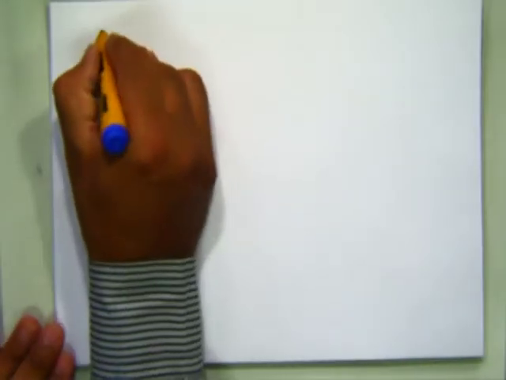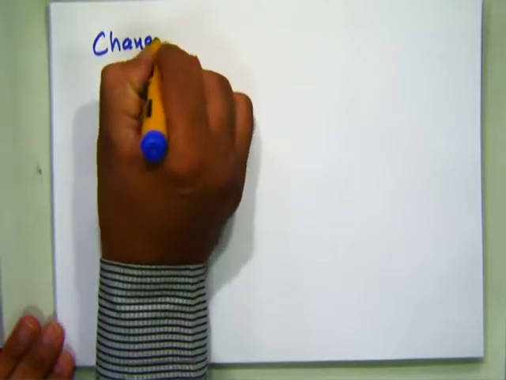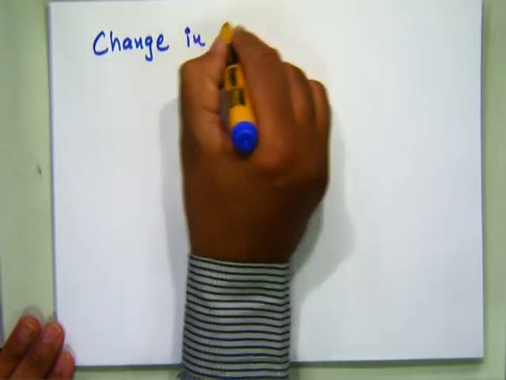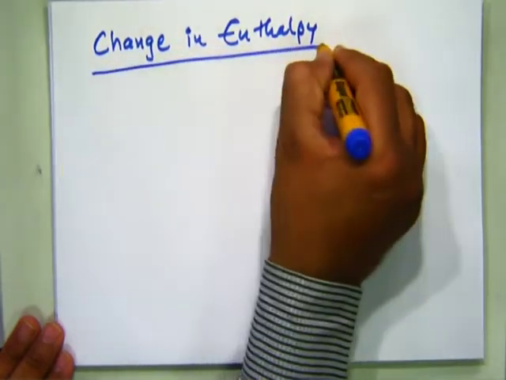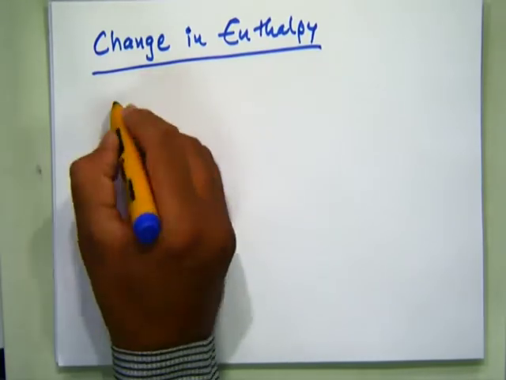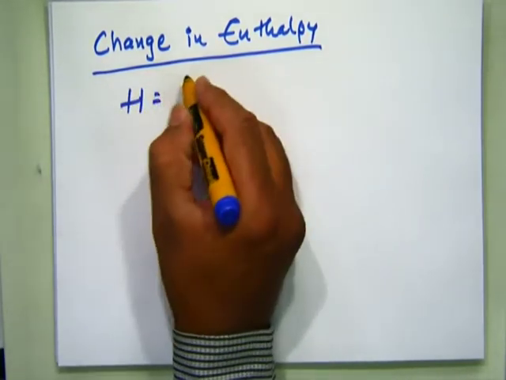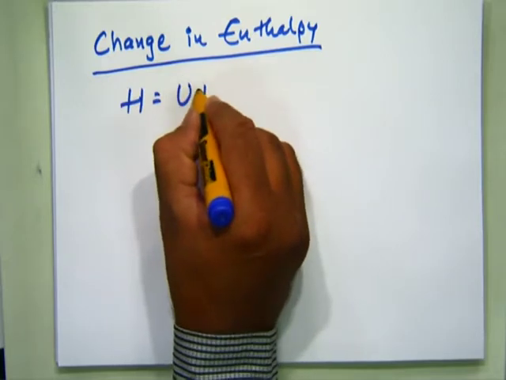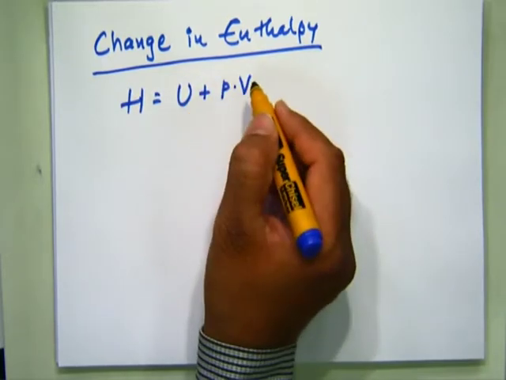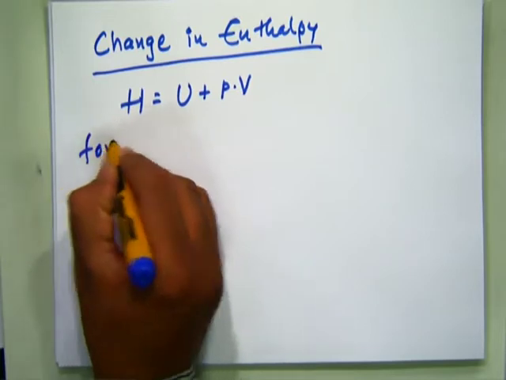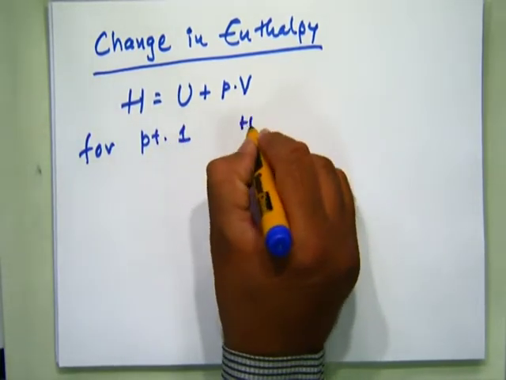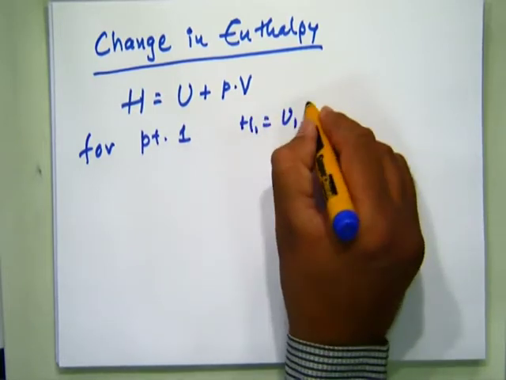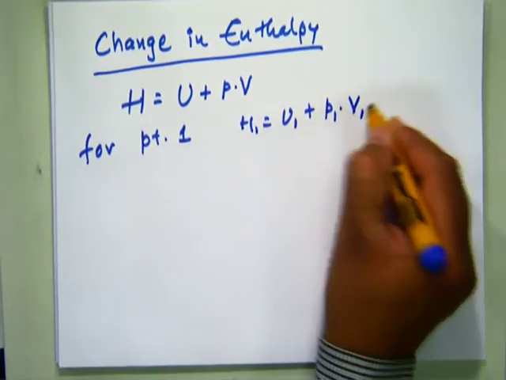And last, we look at the change in enthalpy for a constant volume process. You know that enthalpy is U plus PV. For point 1, H1 is equal to U1 plus P1 V1.